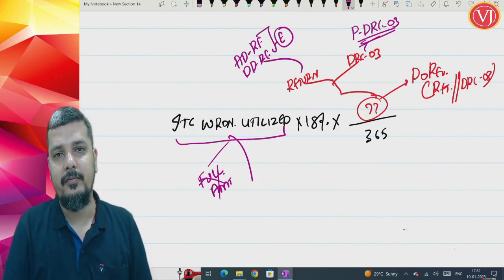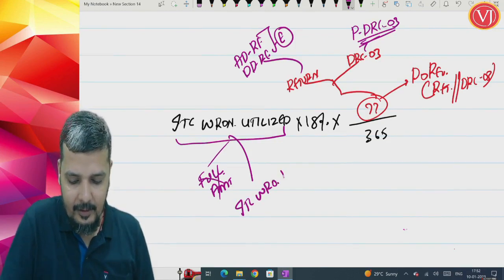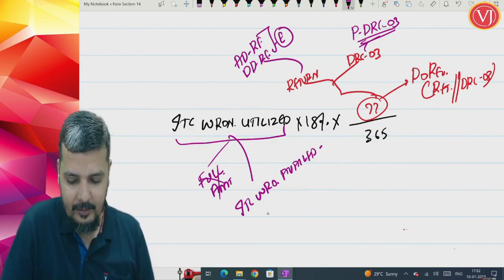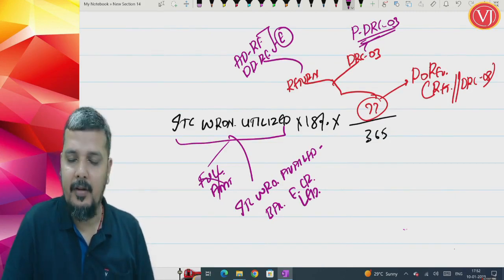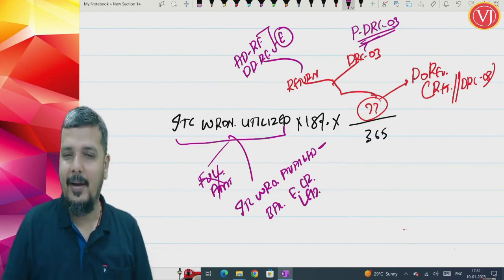Right, so it is ITC wrongly availed minus balance in electronic credit ledger, if it is falling below ITC wrongly availed.